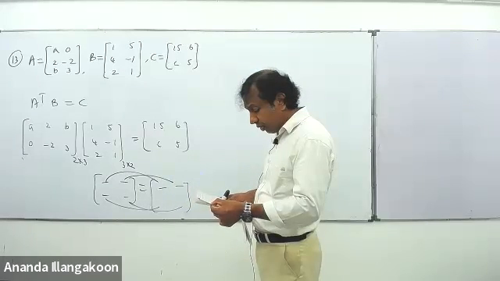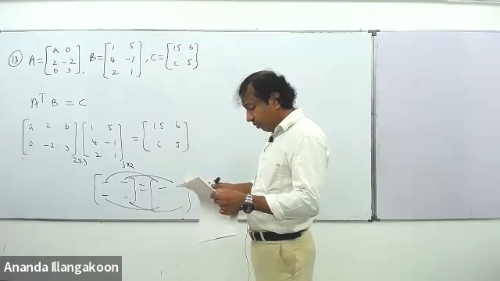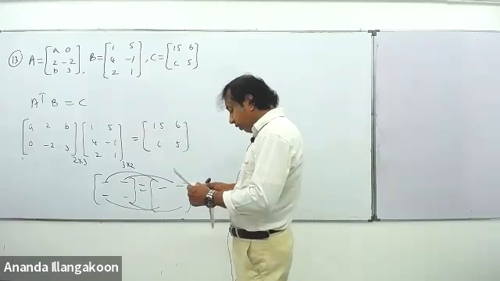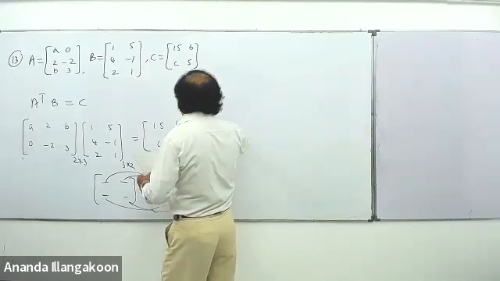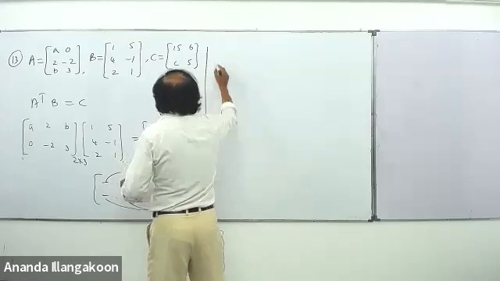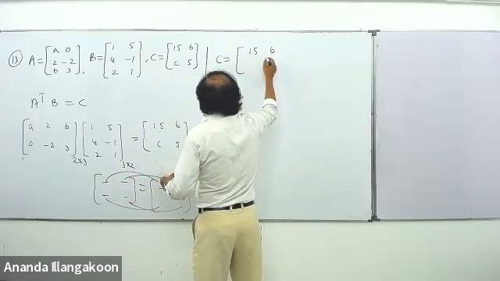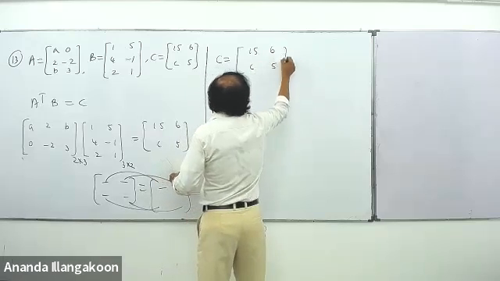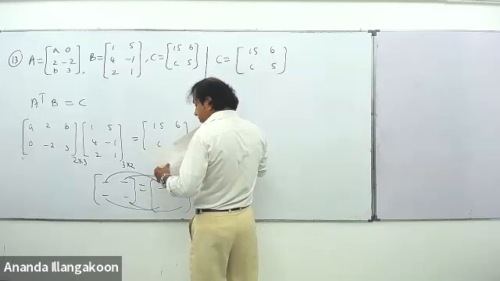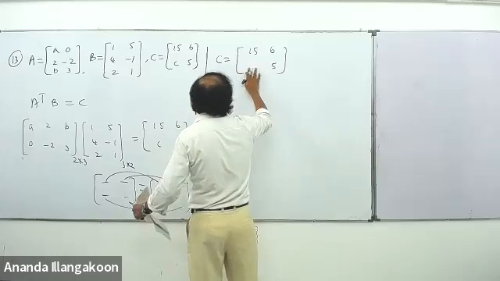For these values, write down C inverse, right? People, now the matrix C is equal to this, no? [15, 6, C, 5]. This C answer we got, minus 2.